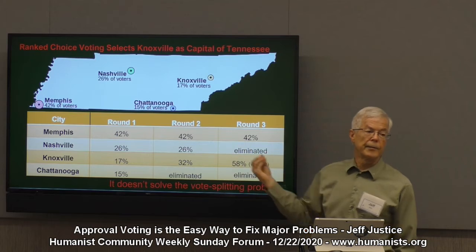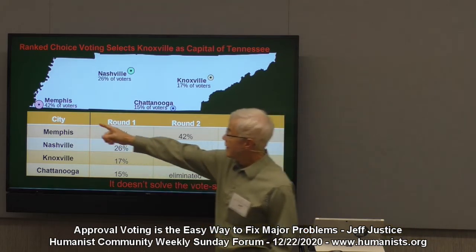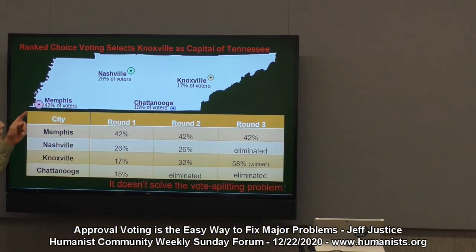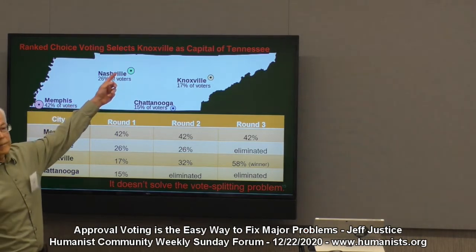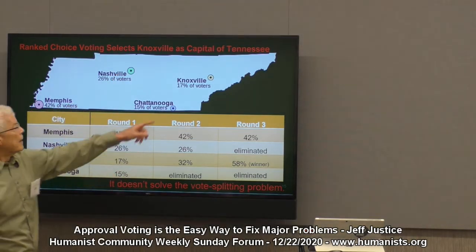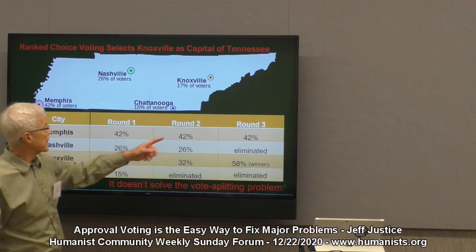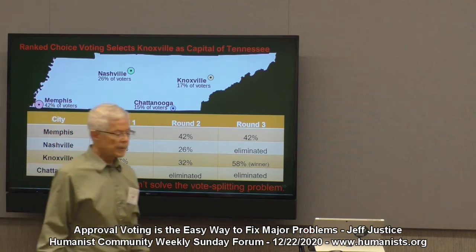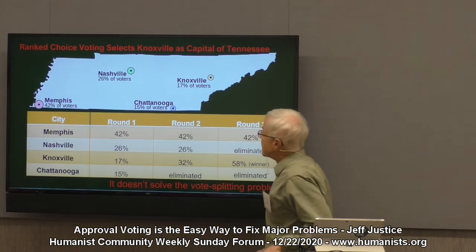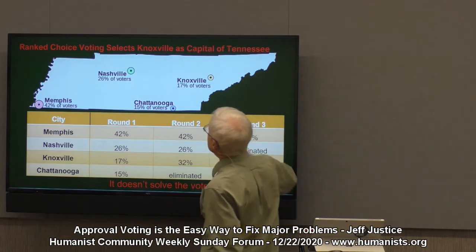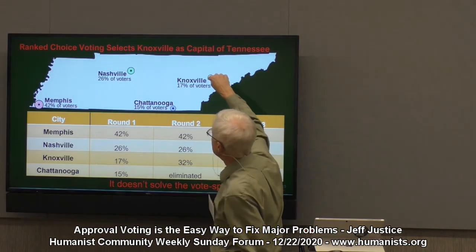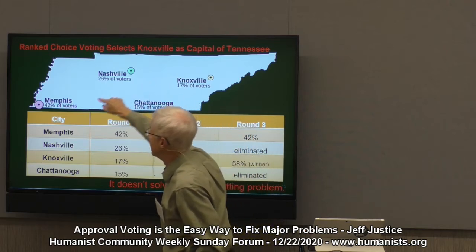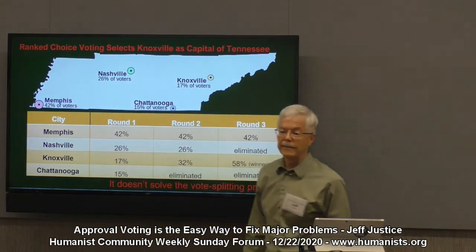And there are 4 major cities in Tennessee. Memphis is the largest, Nashville's second largest, Knoxville has 17% of the voters, and Chattanooga 15%. So like Knoxville's voters would put them first, and then Chattanooga, and then Nashville and Memphis last in a ranked choice vote.